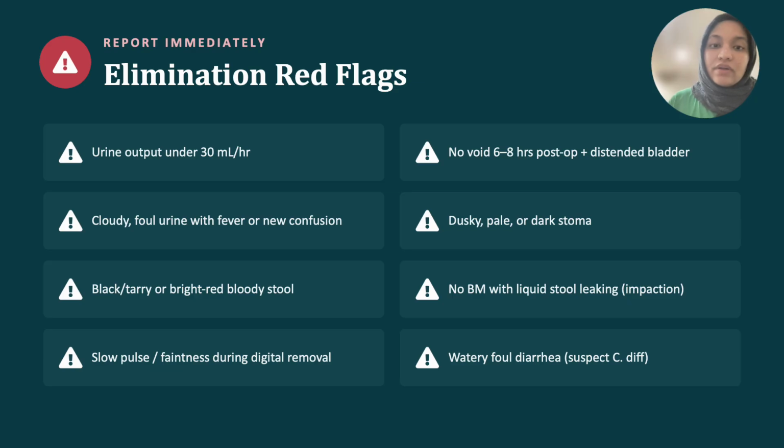Urine output under 30 an hour, a post-op patient who hasn't voided in 6 to 8 hours with a full bladder, cloudy foul urine with fever or new confusion in an older adult, a dusky, pale, or dark stoma, black tarry or bright red bloody stool, no bowel movement but liquid leaking, that's impaction, a slowing pulse or faintness during digital removal, and watery foul diarrhea, you think C. diff. If you see any of these, you escalate. When in doubt, you report.